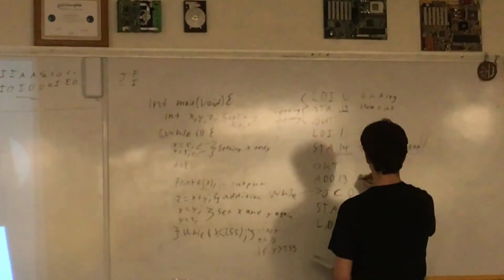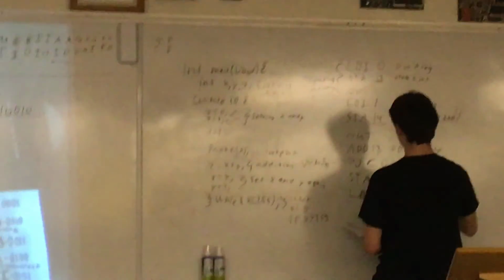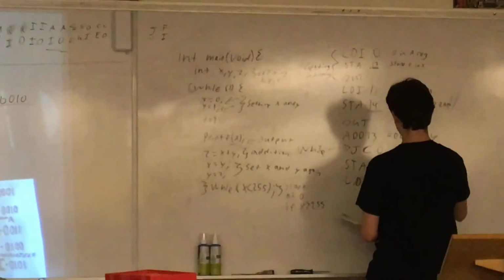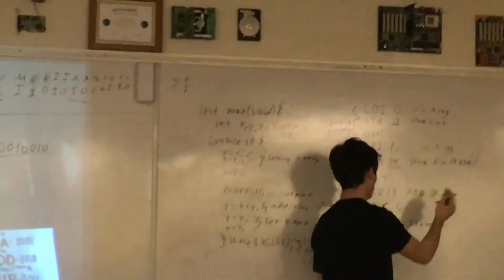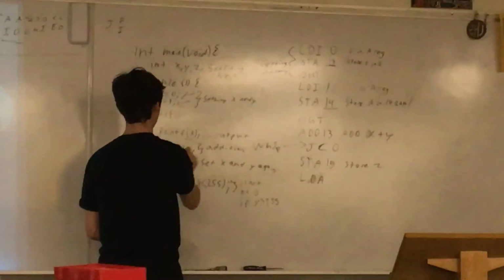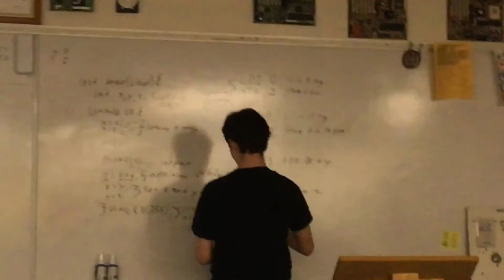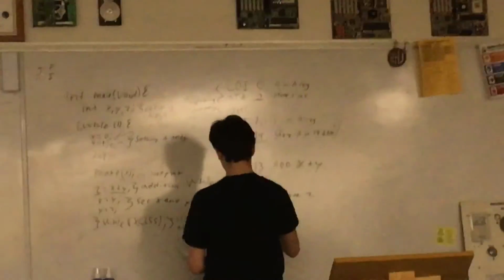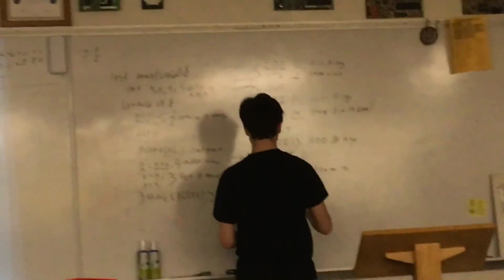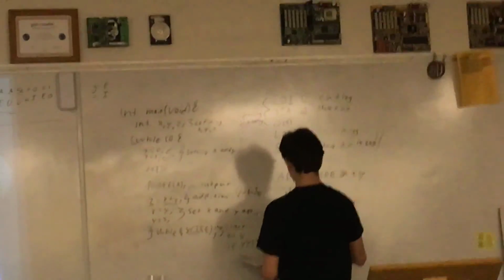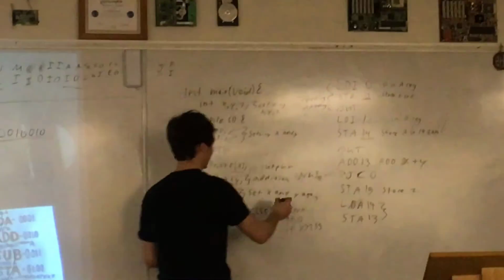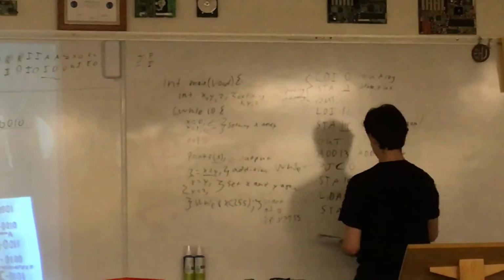This is X plus Y. And then we're just going to say store Z. So it's already defined over here that X plus Y is equal to Z. We're just storing Z. And then we're going to load whatever's in address 14 again over to the A register, and then store it in 13. And what this does, right over here, is we're setting X and Y again. We're just moving data around.